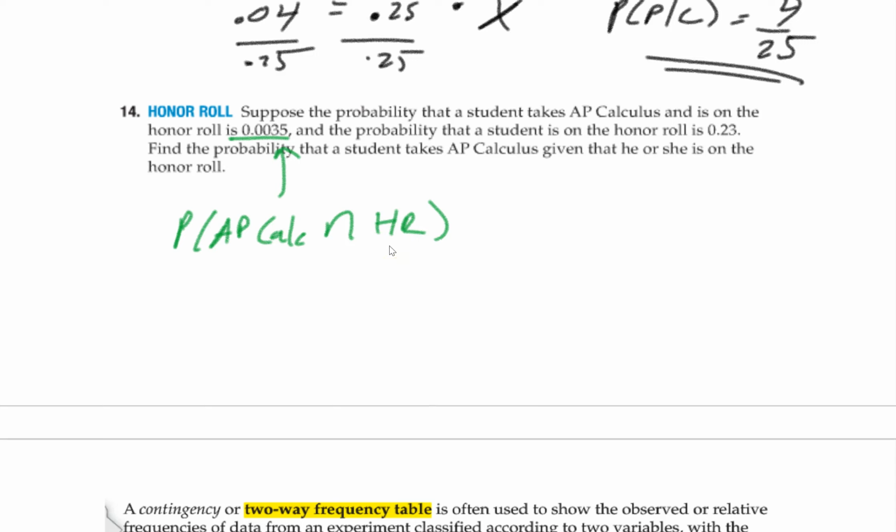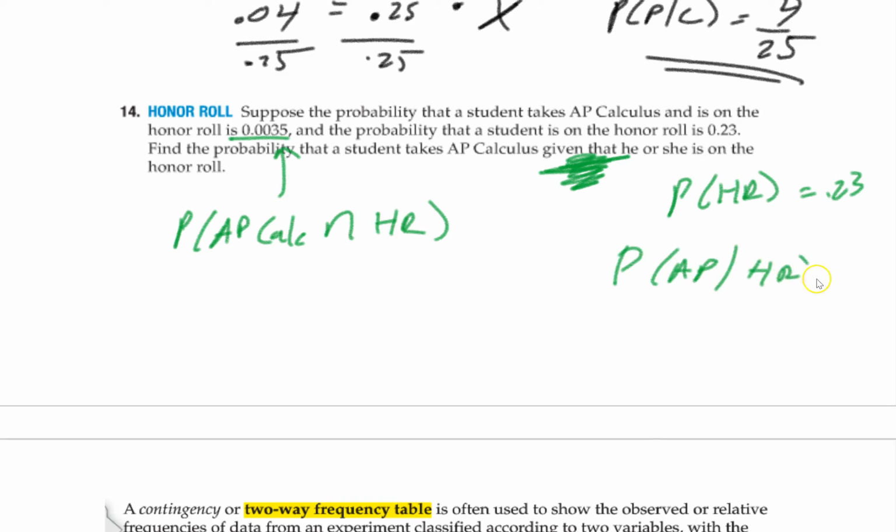Is it just me? Anyway, probability that the student is on the honor roll is this one, that's 0.23. Finally, probability the student takes AP Calc, given that keyword, given that he or she is on the honor roll. So we're looking for probability AP Calc given honor roll.